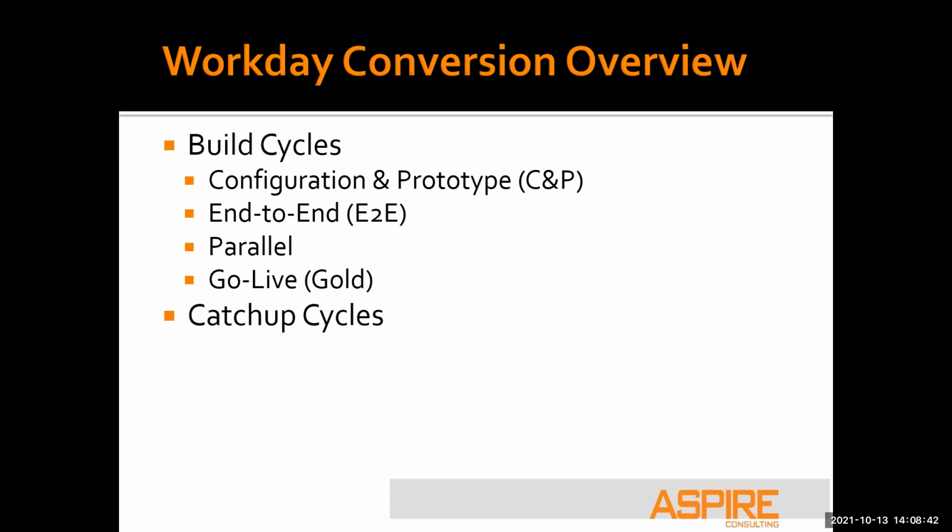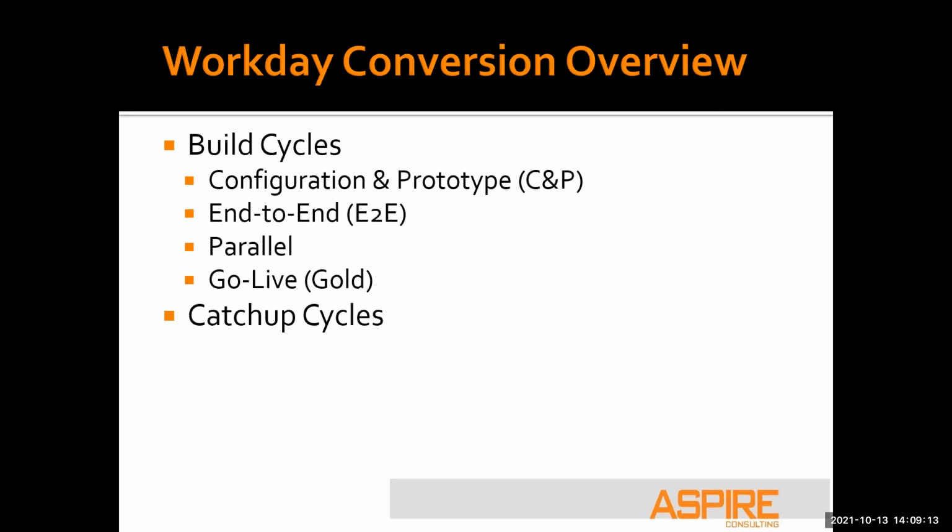So the standard builds for a Workday implementation are the configuration and prototype, affectionately referred to as the CNP build. In this build, you are not trying to load every single piece of data from your source system into your new Workday tenant. You are simply trying to do some proof of concept on your extract methodology and your transformation, making sure that the data you load in there is correct.